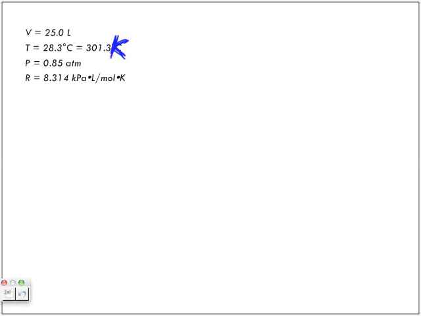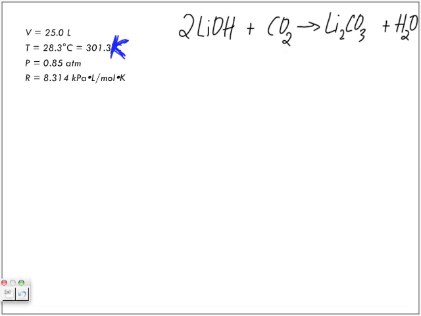The pressure is 0.85 atmospheres, and our R unit is 8.314 kilopascals liters over moles Kelvin. So let me just write out the actual equation here. We've got 2 lithium hydroxide plus 1 mole of CO2 produces lithium carbonate plus water in liquid form.